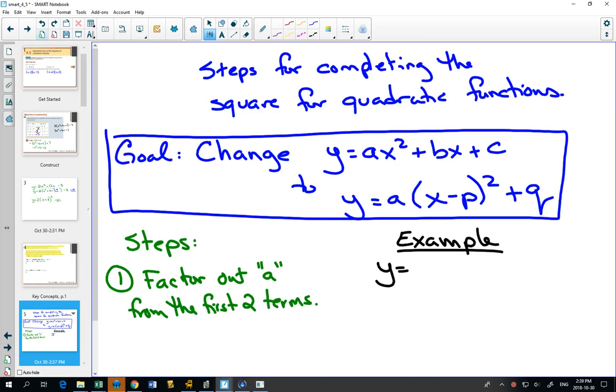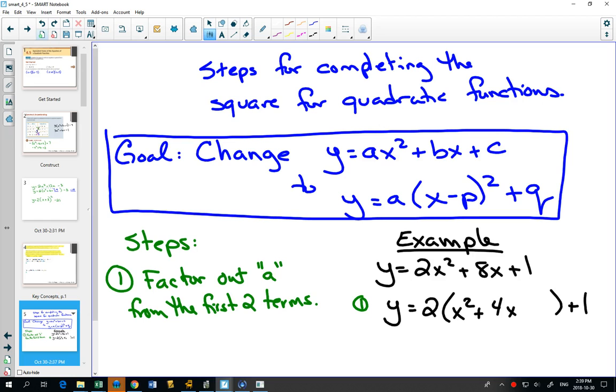The example we're going to start off with is y equals 2x squared plus 8x plus 1. So step number 1, you factor the 2 only out of the first two terms. So I took the 2 out of the 2x squared, and I factored the 2 out of the 8x. I left the plus 1 by itself.